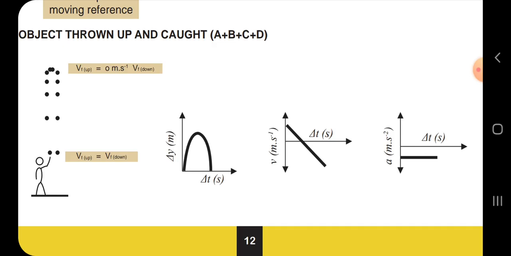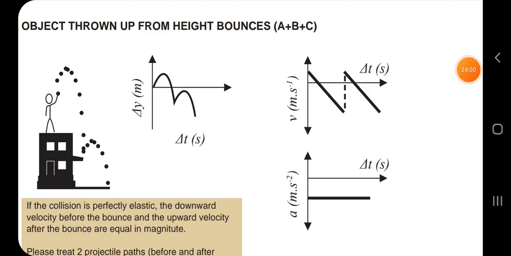It's not going to the ground. You're just taking the ball up and you're going to catch it when it comes down. This is for the object that bounces when it gets to the floor: position versus time graph, velocity versus time graph, and acceleration versus time graph.